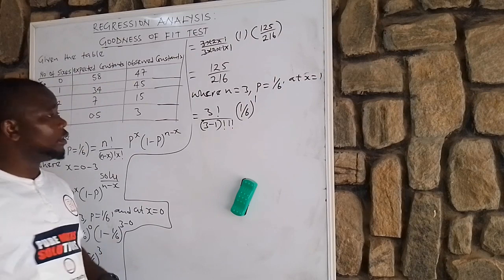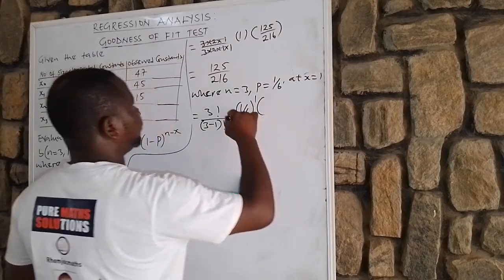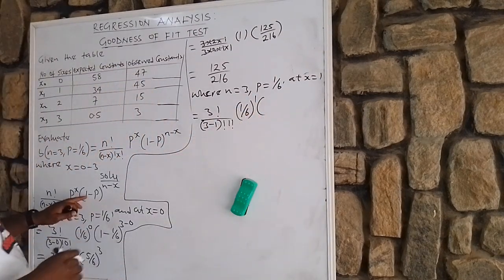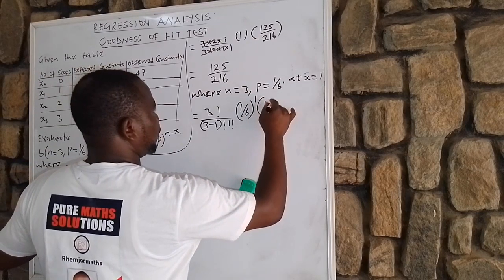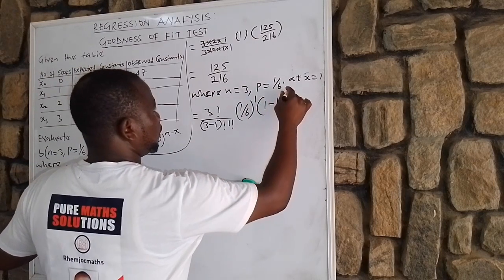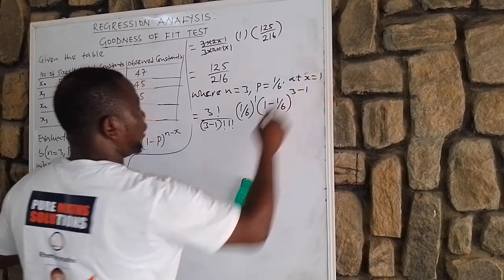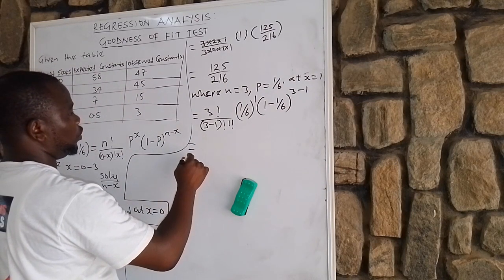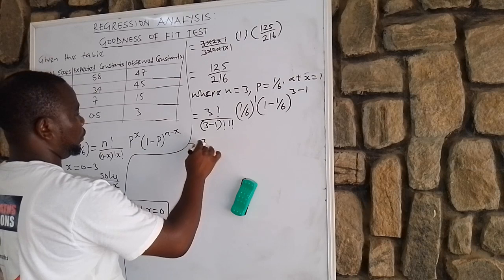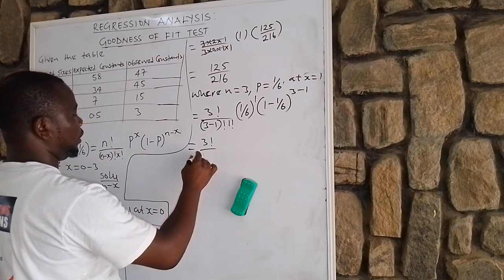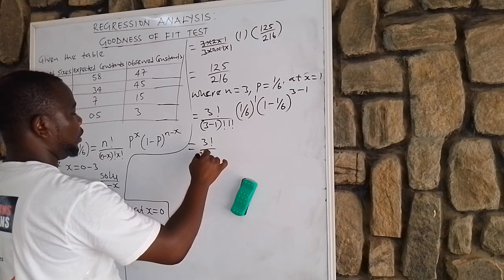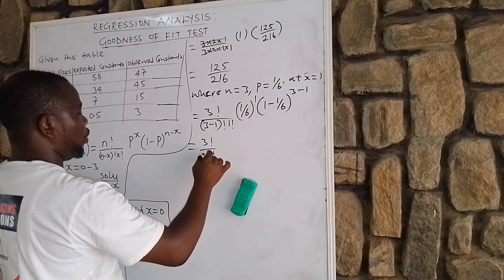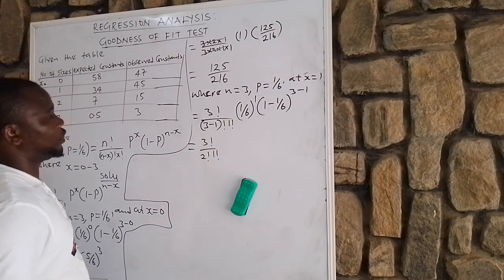Do you agree with me? Then times 1 minus p. This is 1 all over 6 raised to the power of 3 minus our x is 1. So here will now be equal to 3 factorial all over 2 factorial times 1 factorial, true or false.